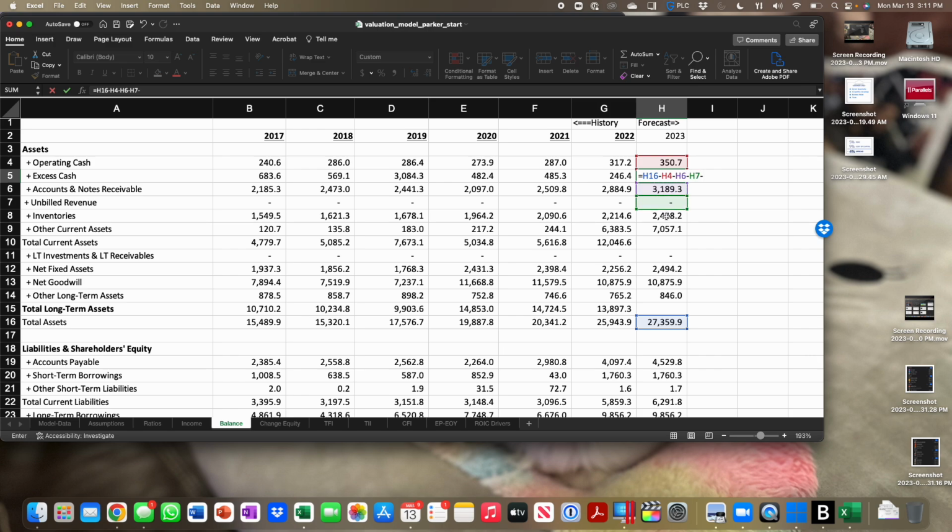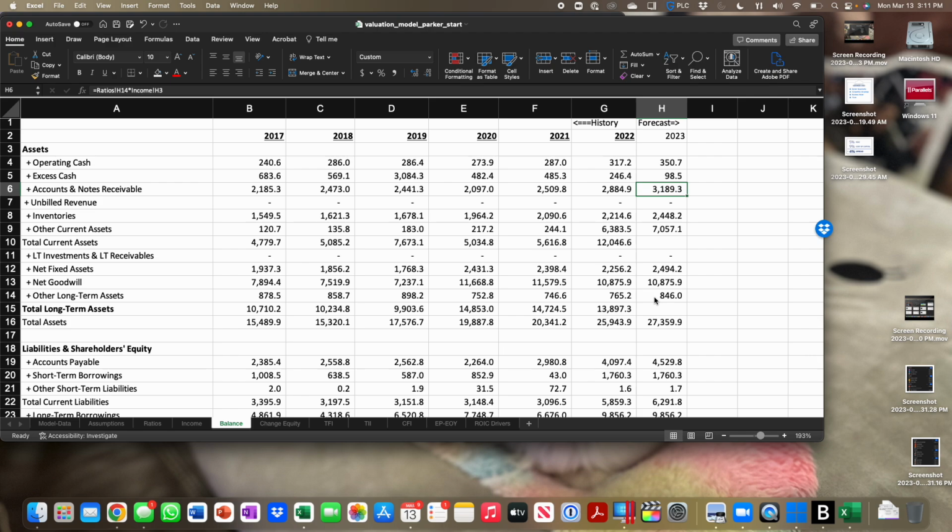Minus inventory, H8. Minus other current assets, H9. Minus long-term investments, H11. Minus net fixed assets, H12. Minus goodwill, H13. Minus other long-term assets, H14. Hit enter, 98.5 of excess cash, no circular reference.